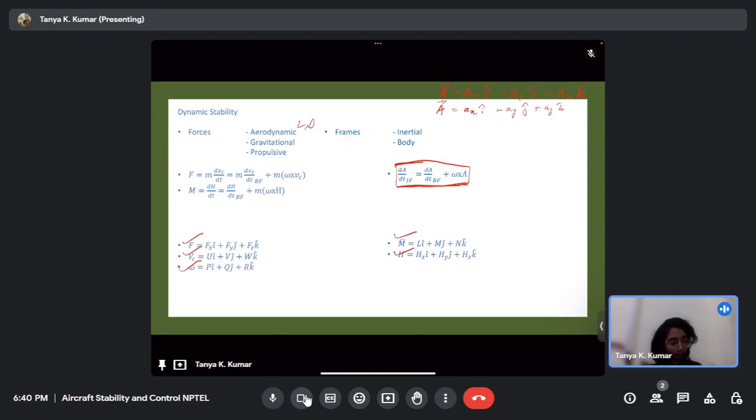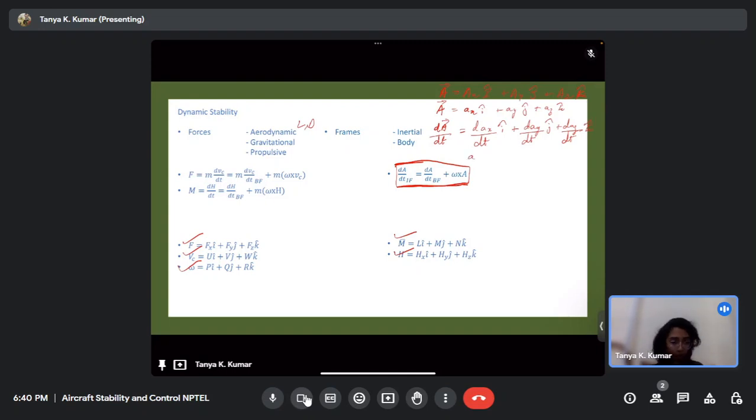Now let's take the derivative in the inertial frame. So dA by dt is dAx by dt I cap plus dAy by dt J cap plus dAz by dt K cap.